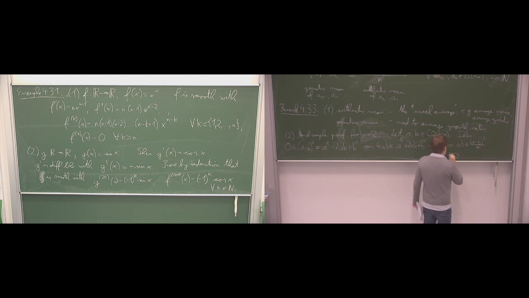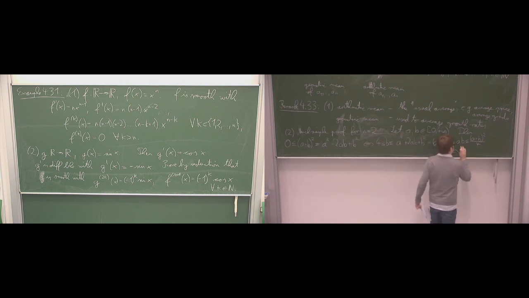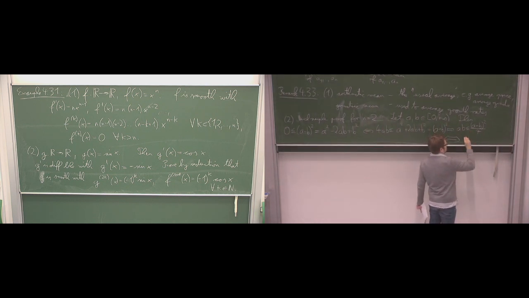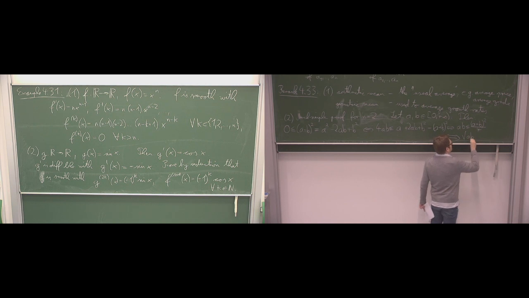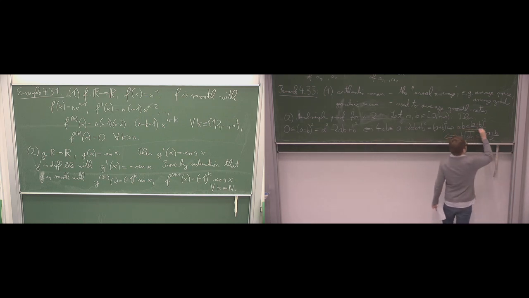And we have seen in chapter 2 somewhere, I think, that the square roots are monotonic. So here we really get that if you take square roots, the inequality is preserved, and I get that the square root of a times b is smaller than or equal to a plus b over 2. And this is the inequality in the case n equal to 2.